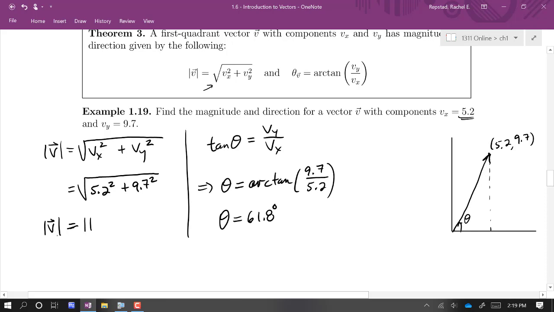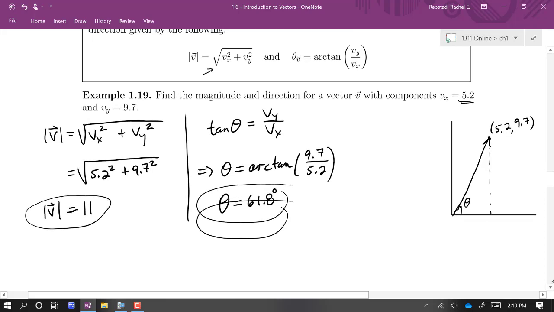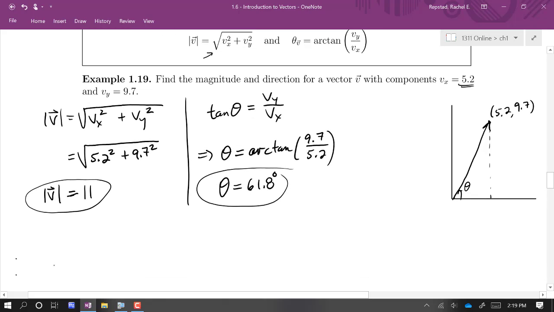So we have found the magnitude and we have found the angle, and we could leave it there. Usually if I'm finding a magnitude and direction, I go ahead and I just state what the vector is in that form. So my vector v is equal to a magnitude of 11 at 61.8 degrees.